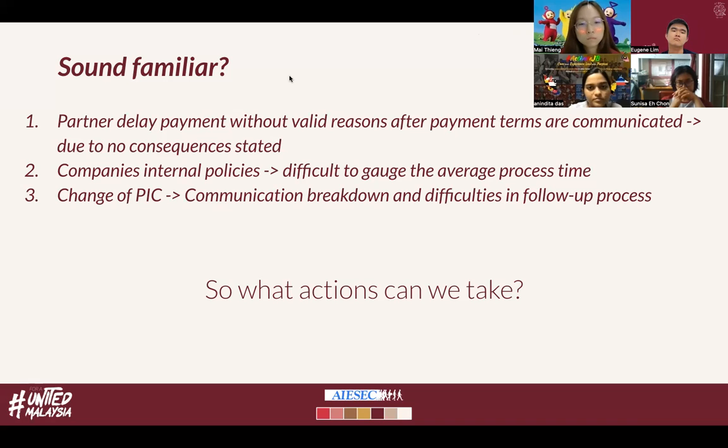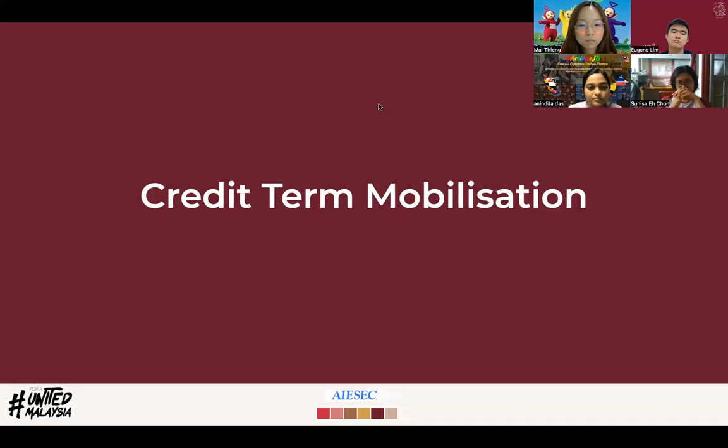So the action we can take for these sudden changes from the partner side is credit term mobilization. This is a new thing set by FL this term. We didn't have it last term, if I'm not mistaken. So I'll be explaining a bit more about what this credit term mobilization means.